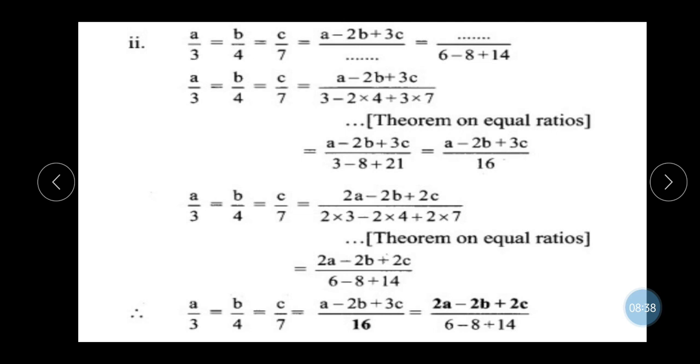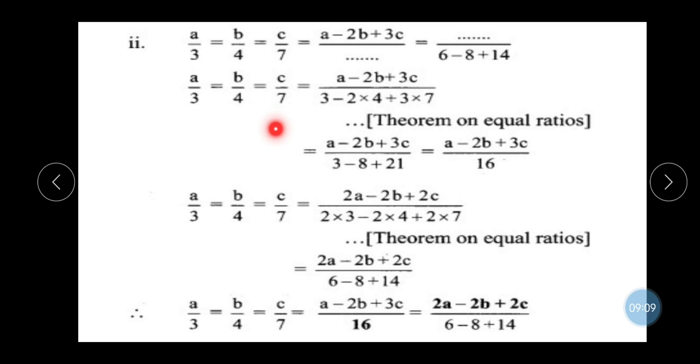Next, the second part of question 1. A upon 3 is equal to B upon 4 is equal to C upon 7 is equal to (A minus 2B plus 3C) upon blank is equal to blank upon (6 minus 8 plus 14). Now, instead of A we will be using 3, instead of B we will be substituting 4 and instead of C we will be substituting 7.